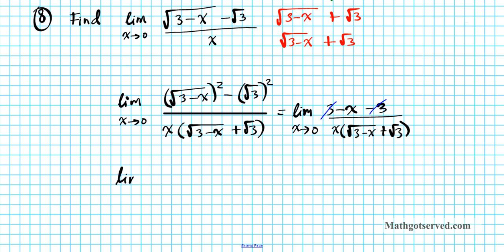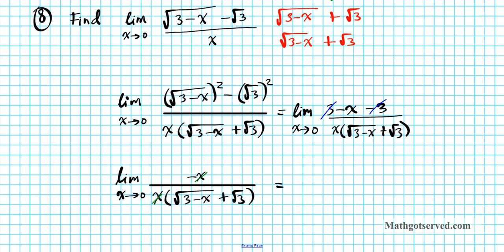So we have the limit as x approaches 0 of negative x divided by x times the square root of 3 minus x plus root 3. So we can now divide out this x. Okay, and then now we can plug in 0 without any problems.